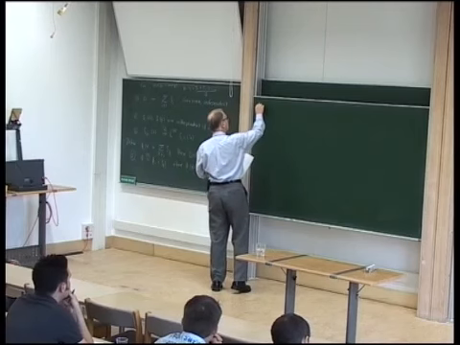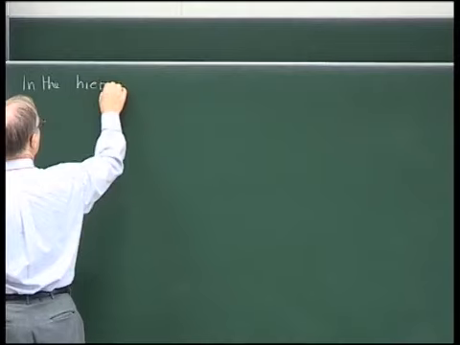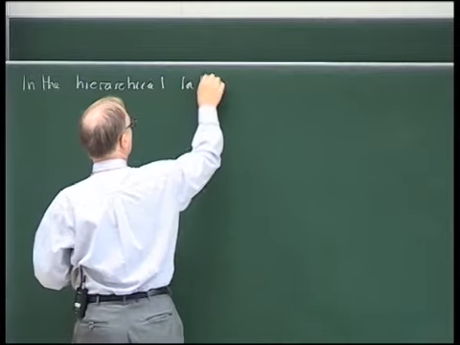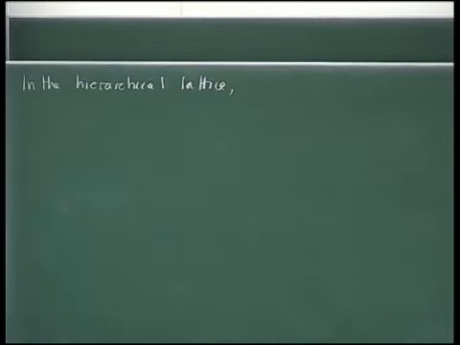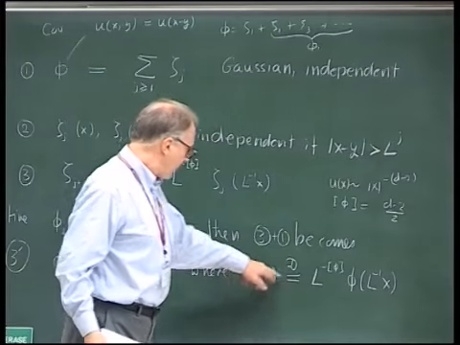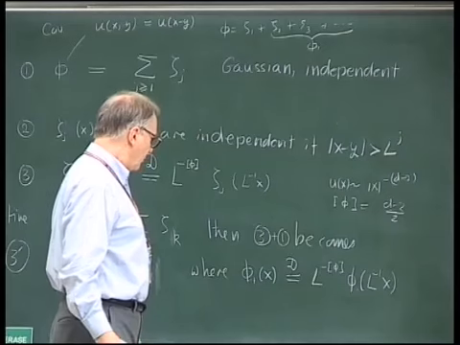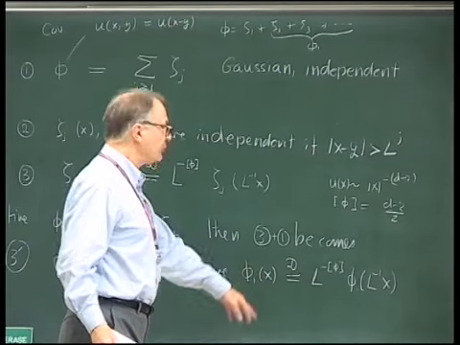So in the hierarchical case, this last axiom, that phi 1 is equal in distribution to this, tells you a bit more than perhaps is obvious. It tells you that phi 1 is constant on balls.